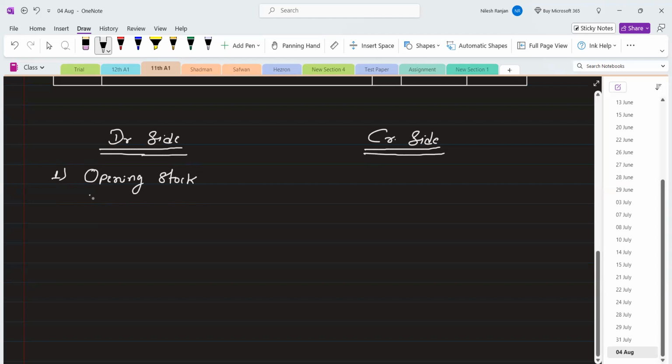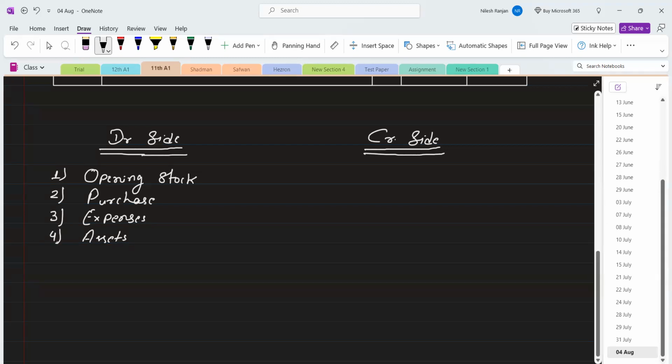Then purchase, any expenses, assets. So these things will be on the debit side.